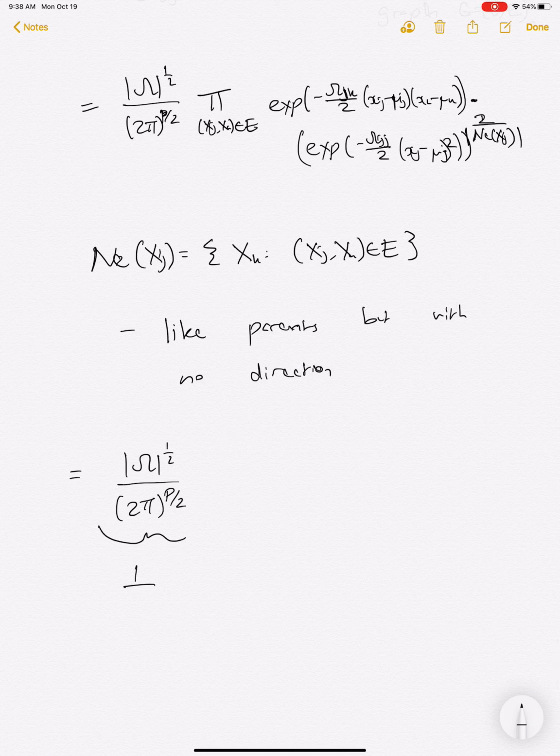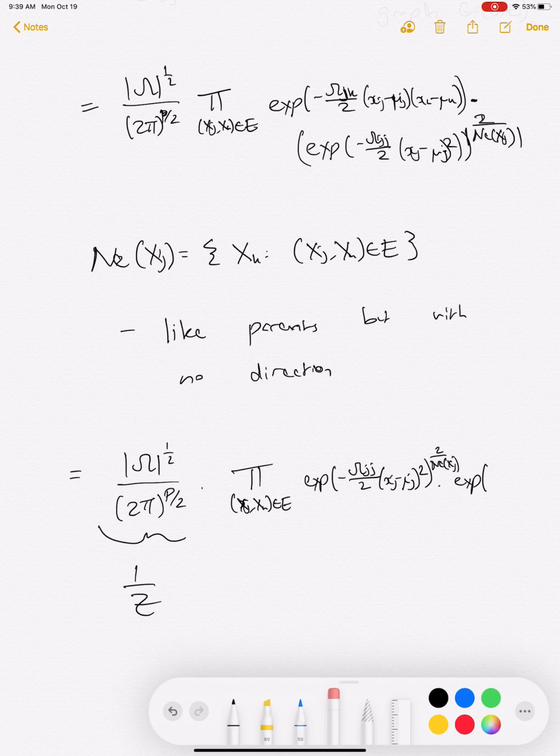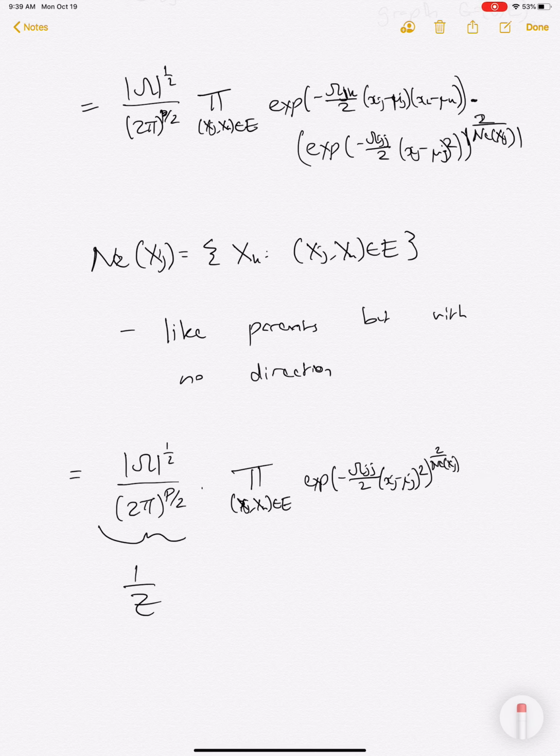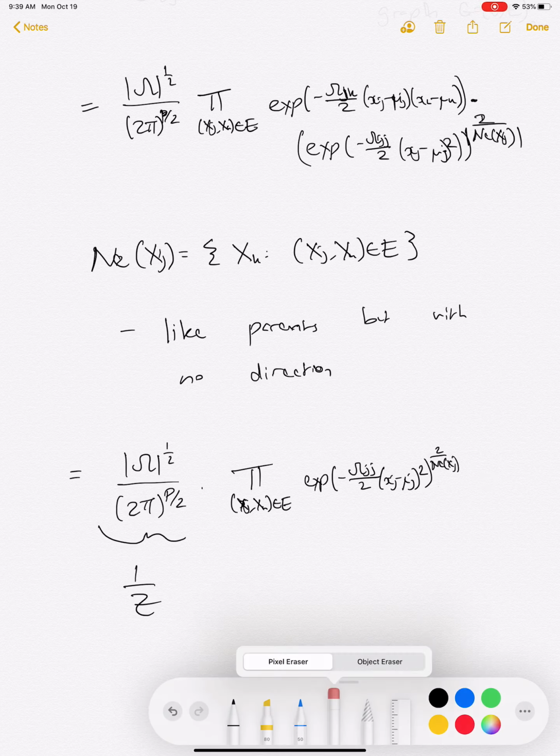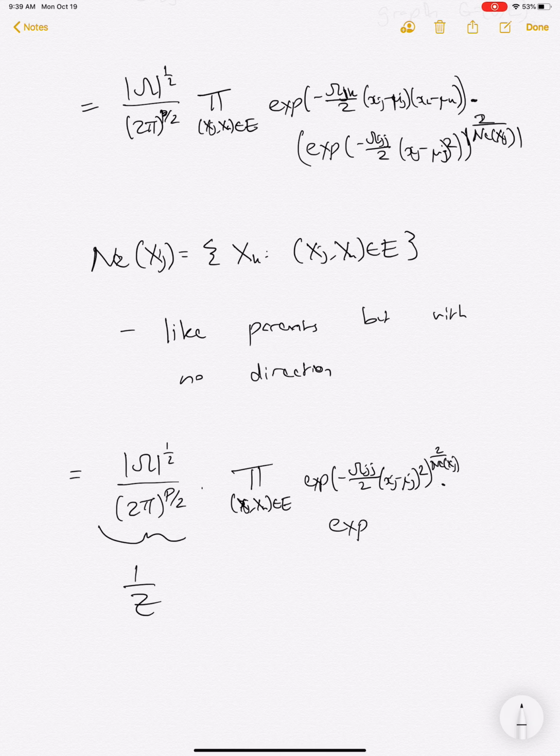so this is like your 1 over Z, and then you have, and I'm just writing this over 2 lines.